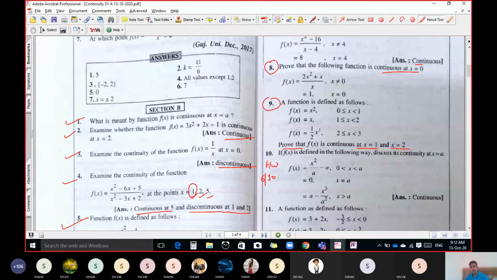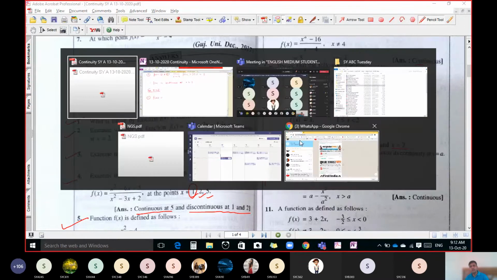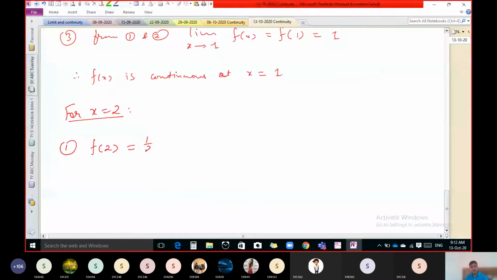Third one, because this third one we have to apply when x is 2 or more than 2. So 1 by 2 x square. Now put x equal to 2. So 1 by 2 into 4. The answer is 2, which is a finite number. So first condition is satisfied.